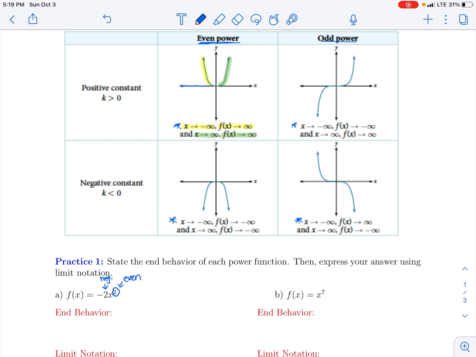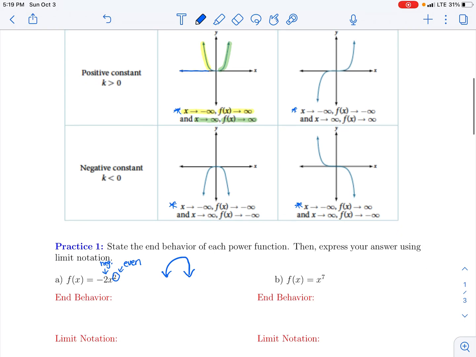So I should be looking at the second row, because my number in front of x is negative, and then the picture corresponding to the even power. This rough sketch is going to be like a downwards U. I need to consider what's happening as x approaches infinity and as x approaches negative infinity.